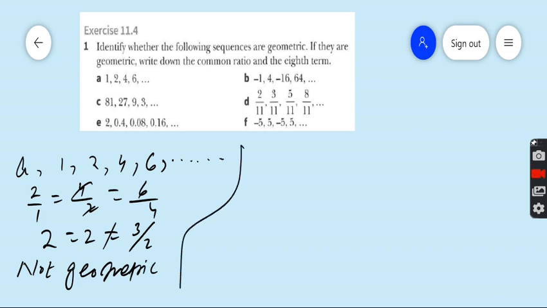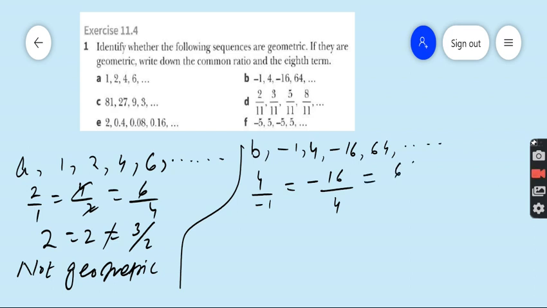So the way for checking whether a given sequence is geometric or not is to just find the ratio. Now do part B: minus 1, 4, minus 16, 64, and so on. If this is geometric, then the ratio should be same. That is 4 upon minus 1 must be equal to minus 16 upon 4 must be equal to 64 upon minus 16.